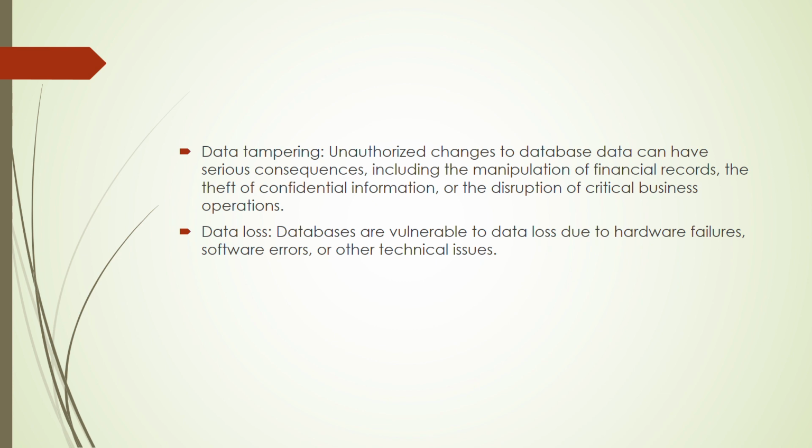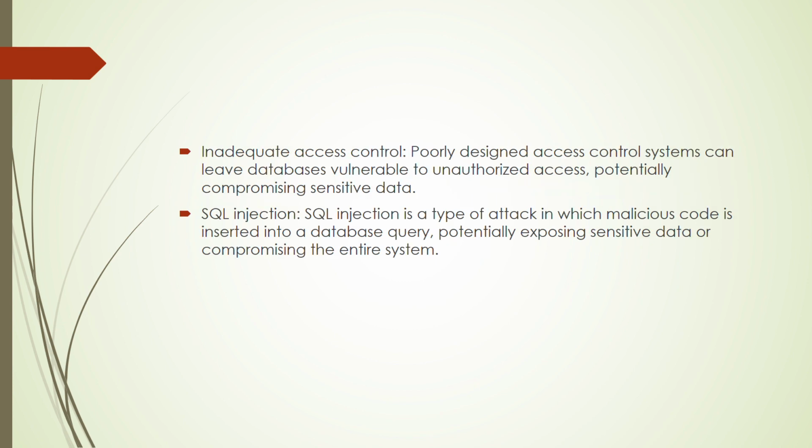So hence, it's very important that you treat them and give them equal importance, because it could cause big companies to just fall out because of these kinds of issues regarding data tampering. Then we've got data loss, which is basically when data is lost due to hardware failure and software issues.